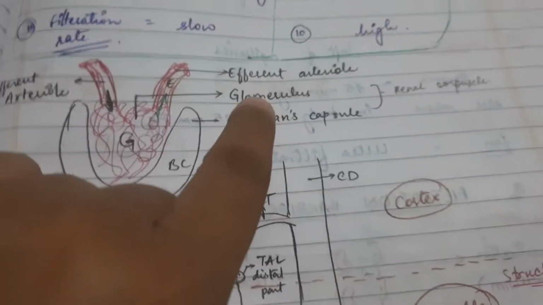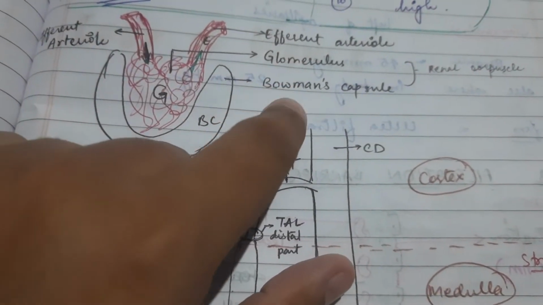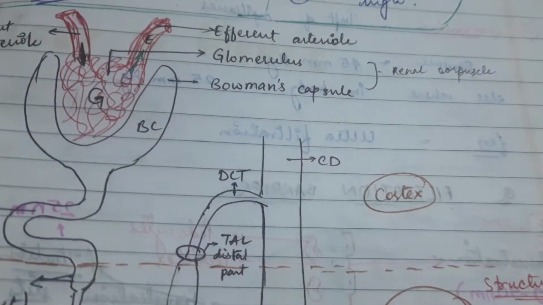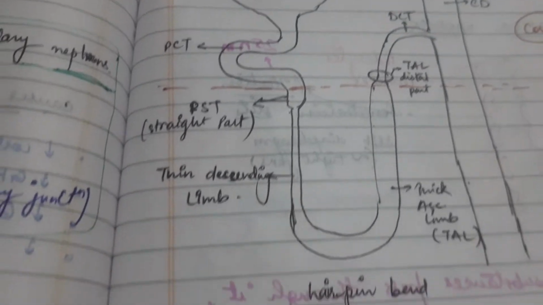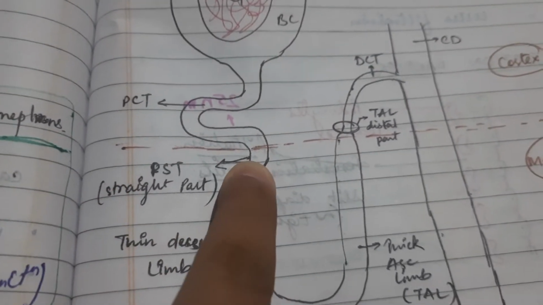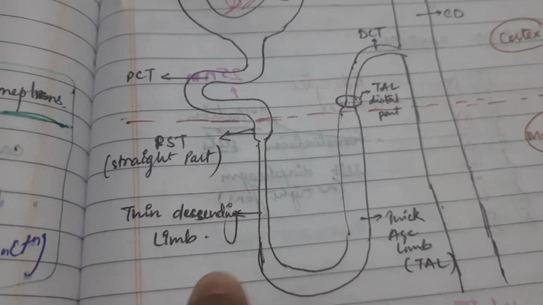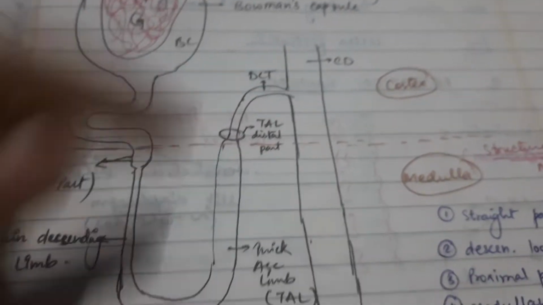Combined, both glomeruli and Bowman's capsule are called the renal corpuscle. Okay, this is PST, proximal straight tubule, and this is the collecting duct.